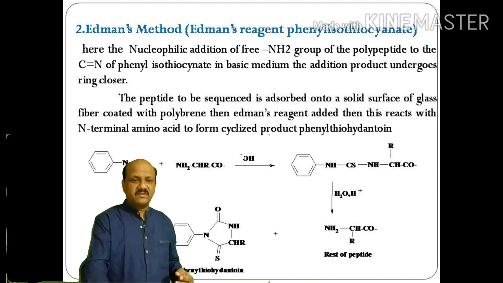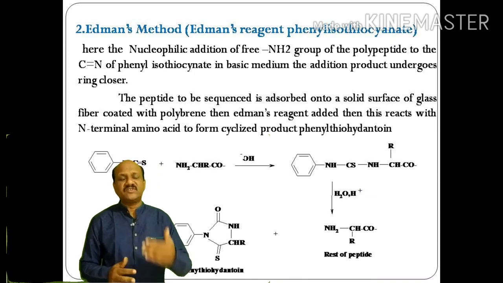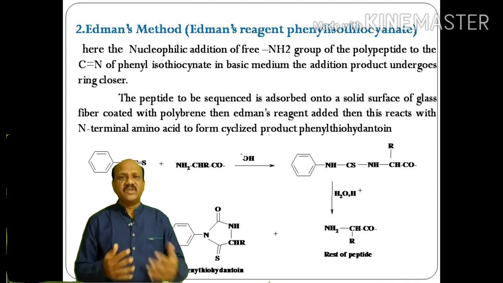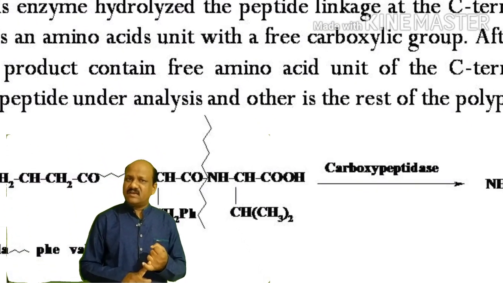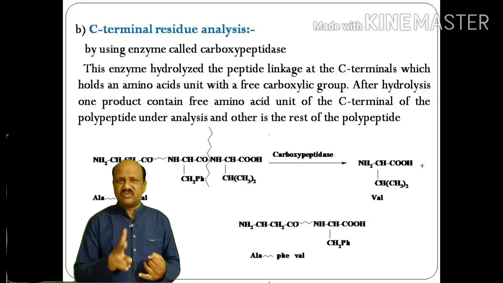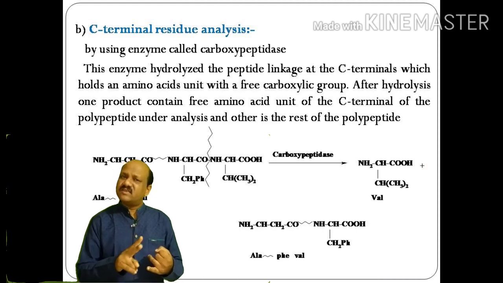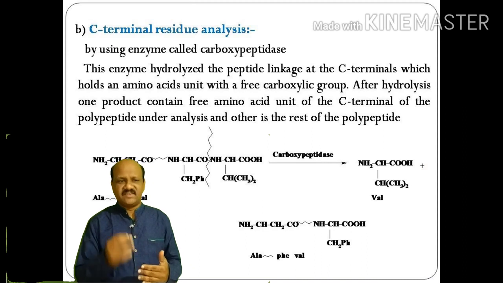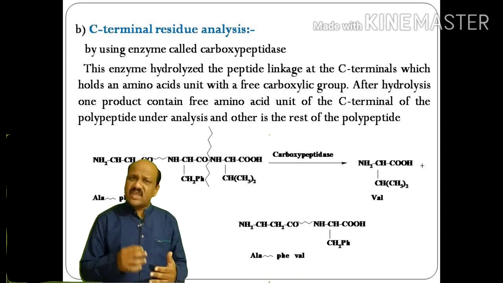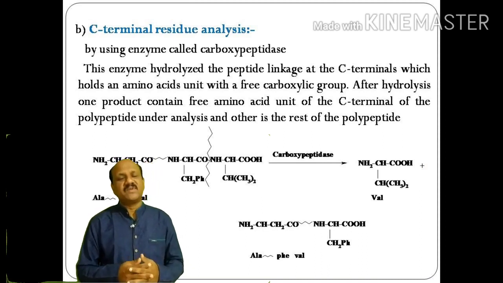Now we will see the next point, that is the C terminal residue analysis. Up till now we have studied N terminal residue analysis, and we have seen two methods, Sanger's method and Edman's method. Now this is the C terminal residue analysis by using an enzyme called carboxypeptidase.